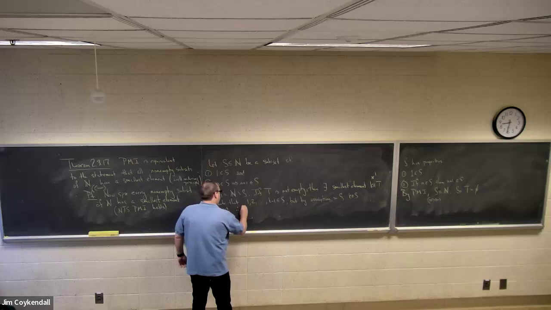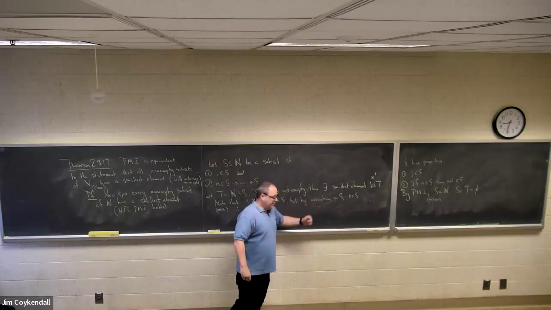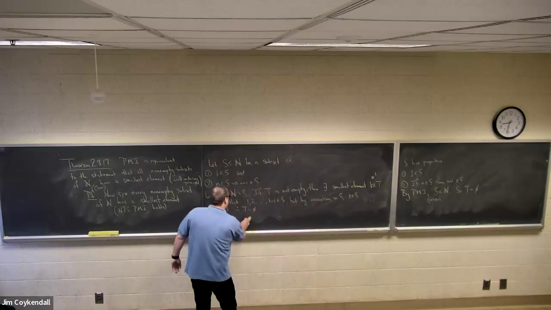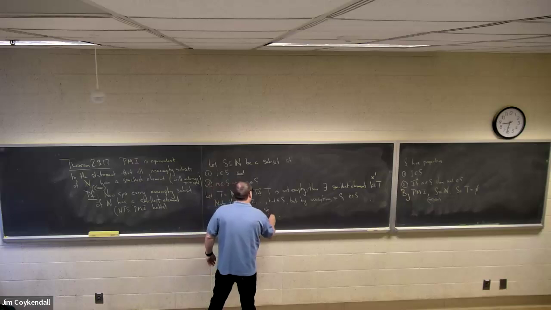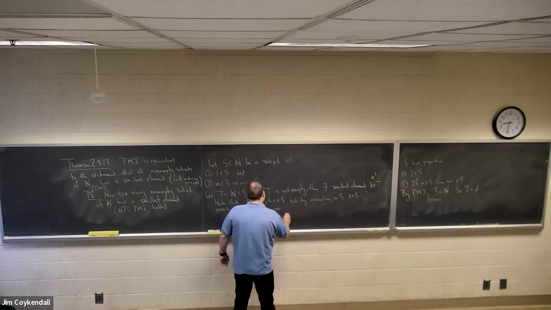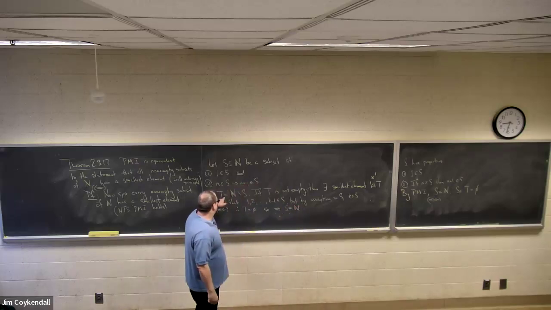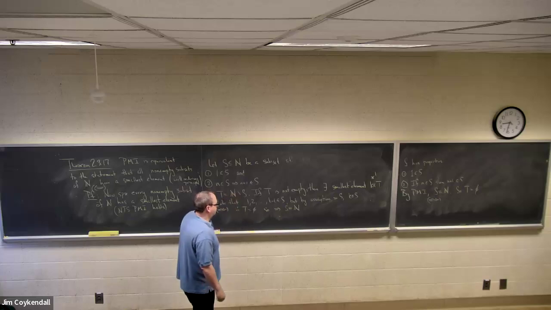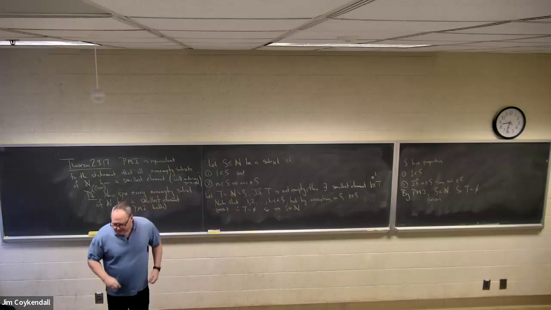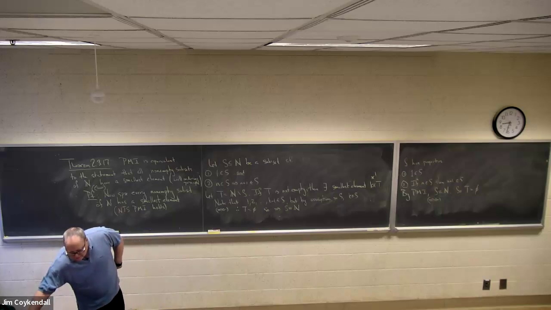Therefore, T must be the empty set, right? Because if it's not empty, it has a smallest element that by induction can't be there. So this implies that S is all of the natural numbers. Because if T is empty, that must mean S is everything. So we have PMI. Okay.